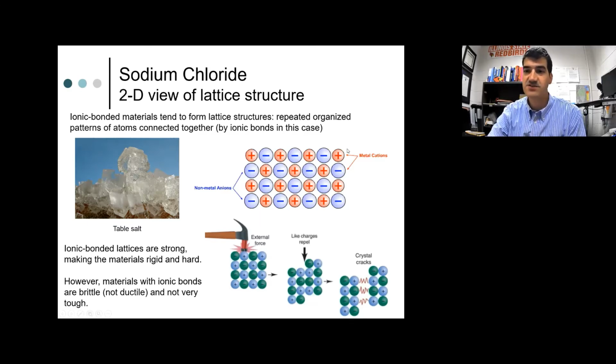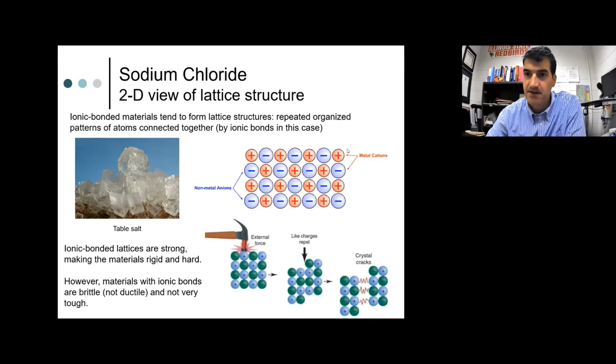And lattice structures are these repeated organized patterns that are connected, in this case by ionic bonds, in 3 dimensions. So these are solid structures that are repeated: anion, cation, anion, cation, anion, cation, in all 3 dimensions.